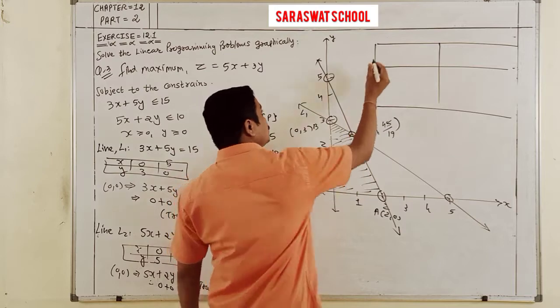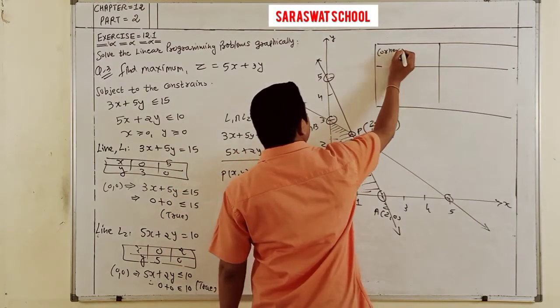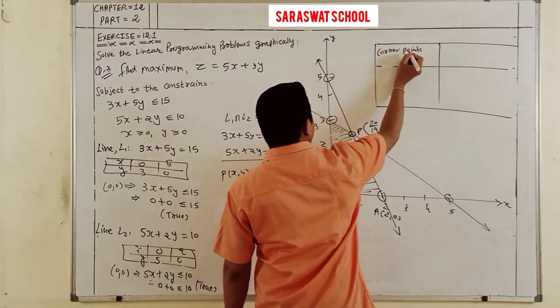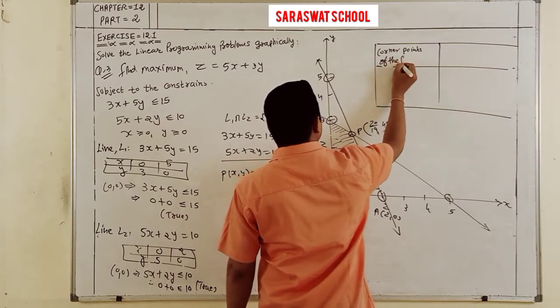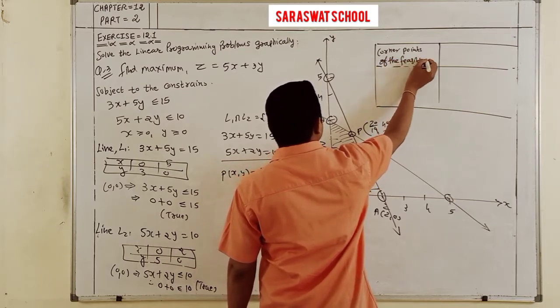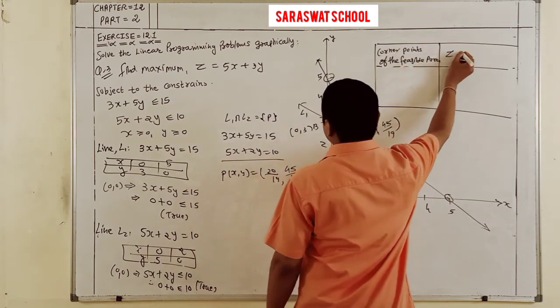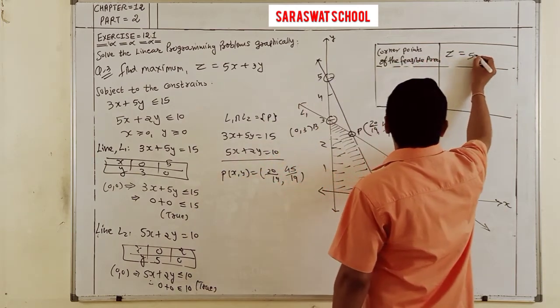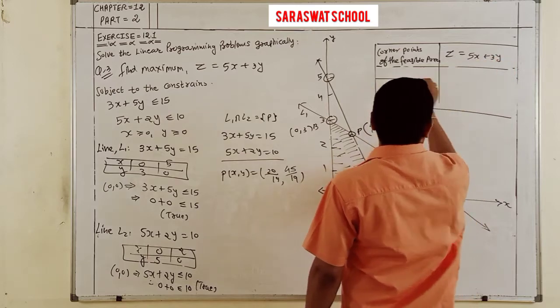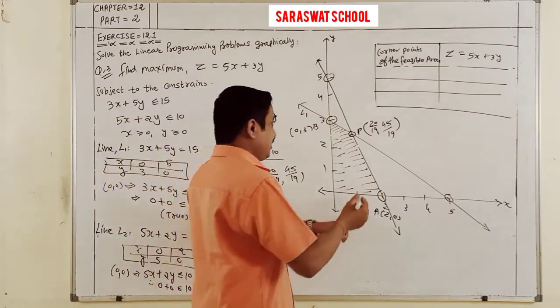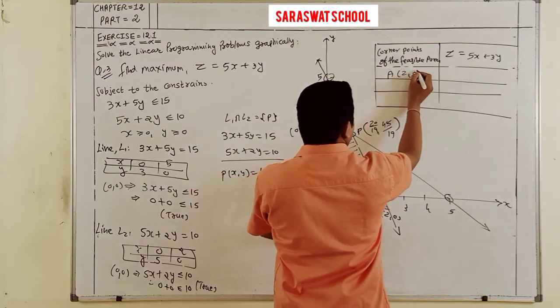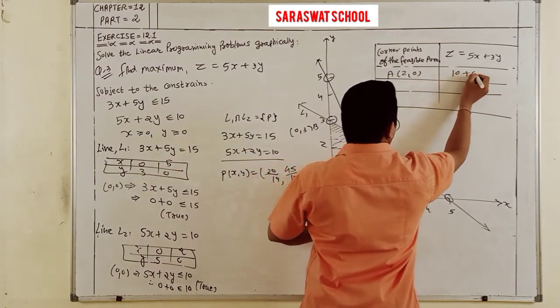So here I will go to the corner points of the feasible region, feasible area, and Z I want is 5x + 3y. Just put the values as much as possible and calculate. Your A point (2, 0): 5 into 2 is 10.